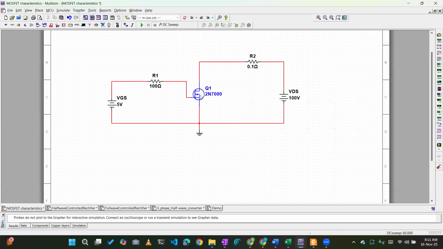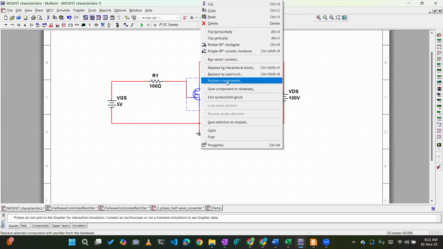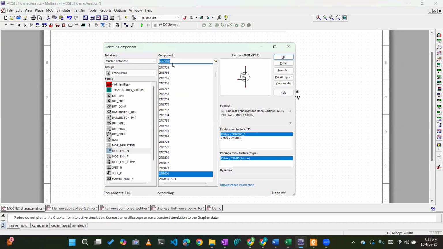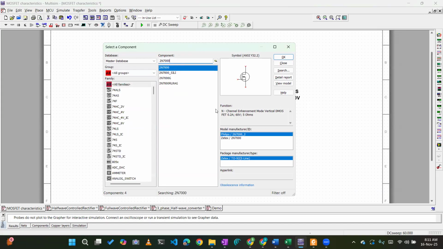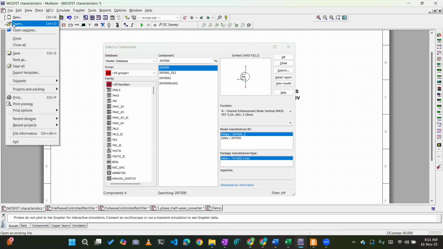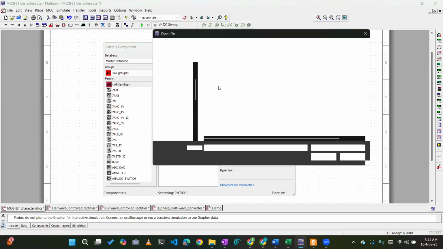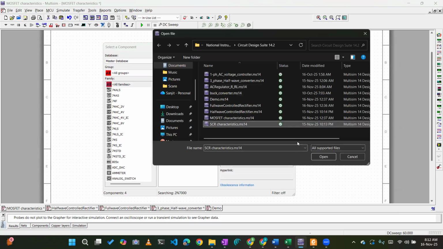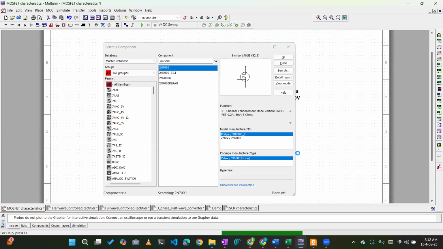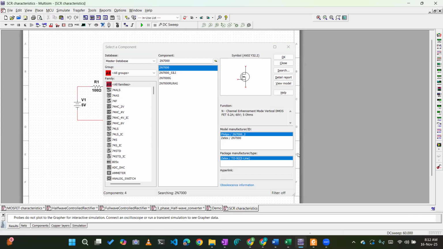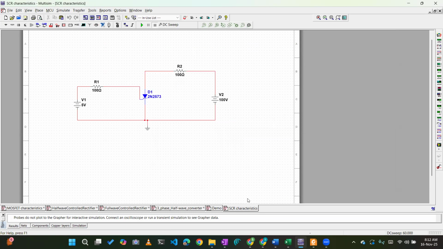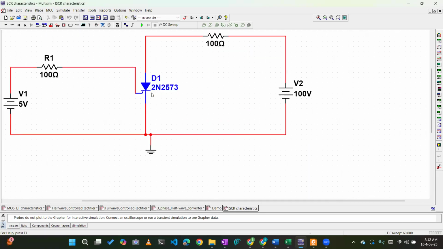Similarly for SCR, you simply right click it, replace component. Suppose in SCR you have used, I have already prepared that before, so I will open. So SCR we are using this one.